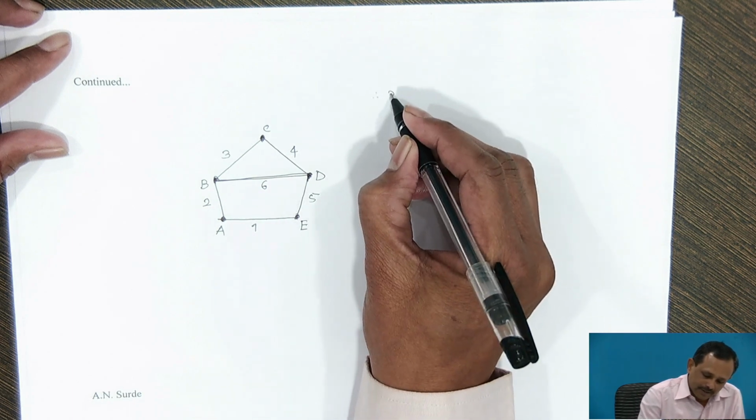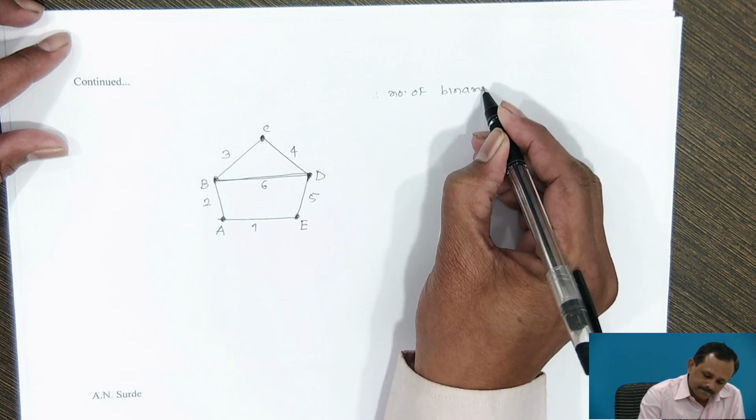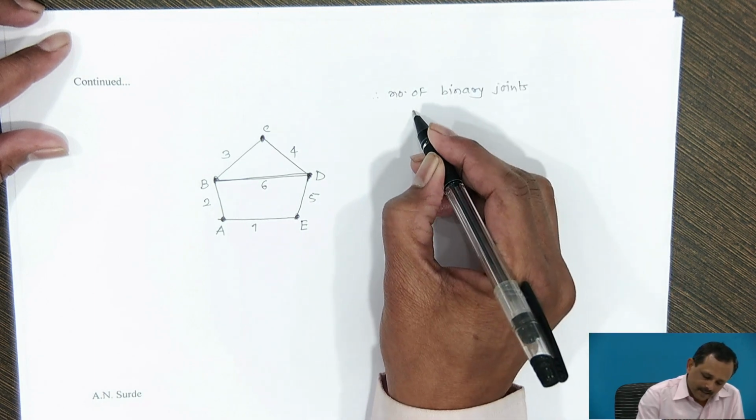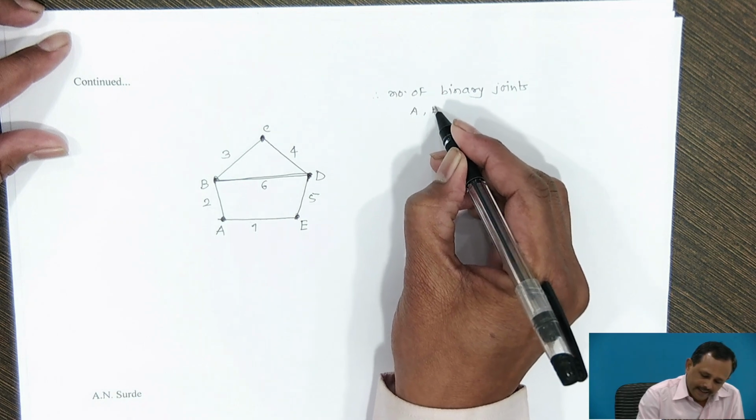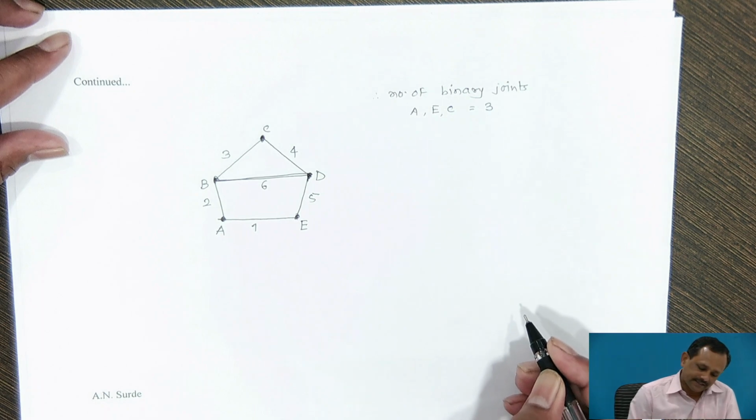Therefore, the number of binary joints at A, E and C is 3.